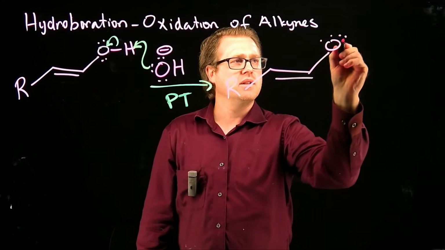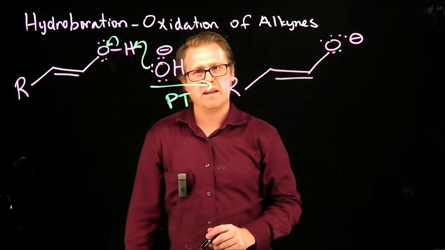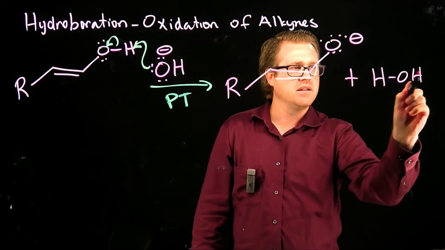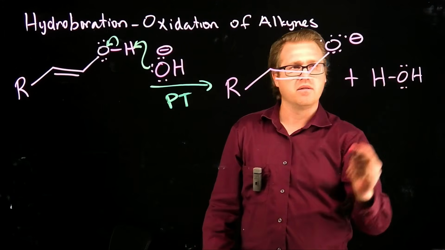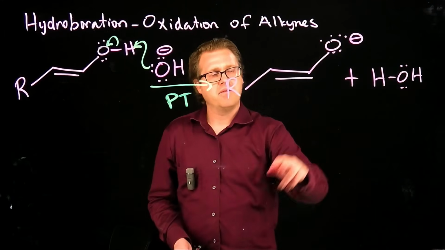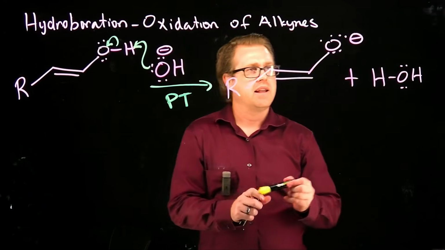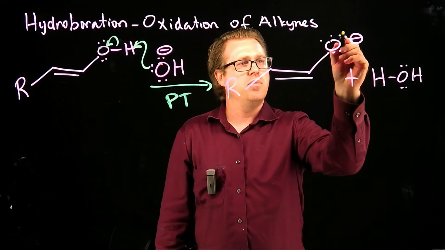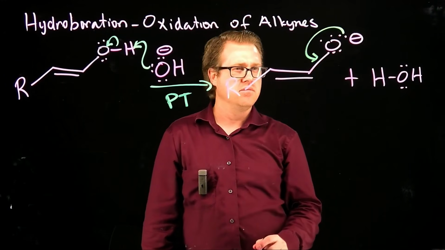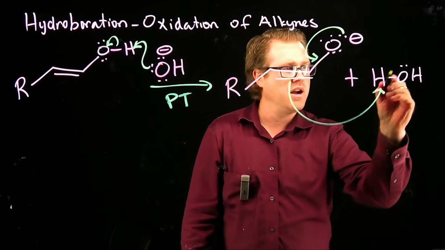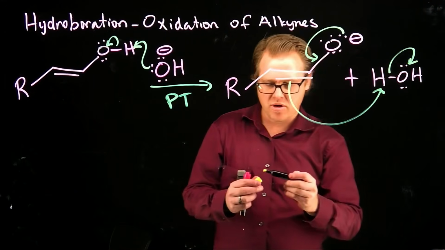Why is that so significant? Well, now we have a negatively charged species, and we generated the conjugate acid, which is water. So now we have this charged species that can bring a lone pair down and collapse down. That means this double bond has to break, and it's going to grab another proton.